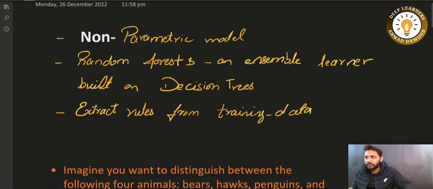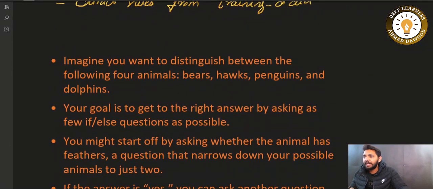So I will start from a simple example. Let's say you have four animals. You have some data set with four animals, or four classes in your output variable: bears, hawks, penguins, and dolphins. You have to build rules on the basis of which you can distinguish between bears, hawks, penguins, and dolphins.